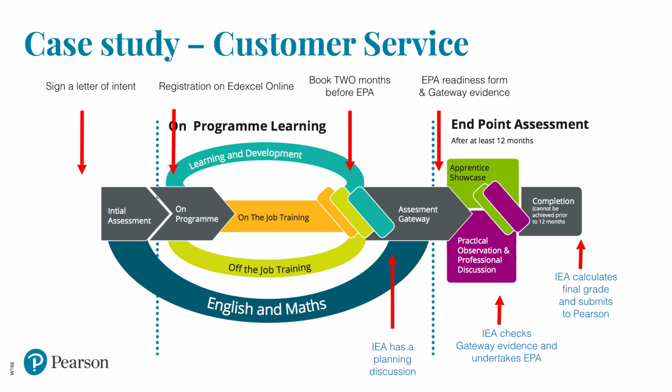To confirm and to answer one of the questions, at the point of registration, there will be a £100 charge for endpoint assessment, but this £100 will come off the overall endpoint assessment fee. And it's at this point where you'll have access to the qualification registration and App 360 resources when they are ready to share.